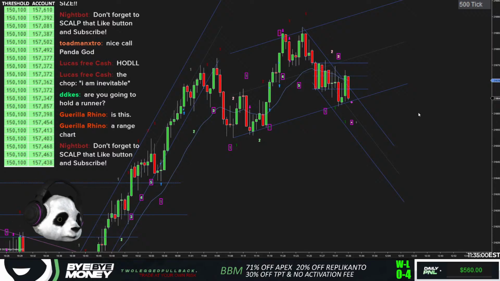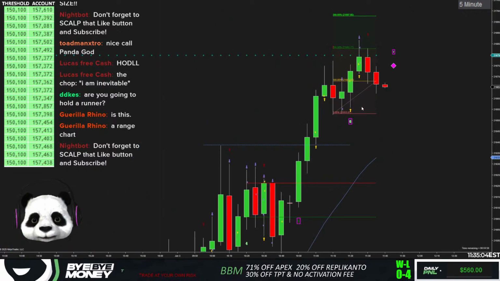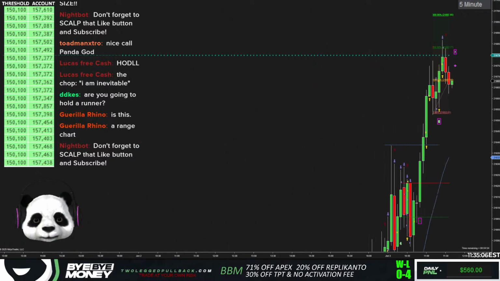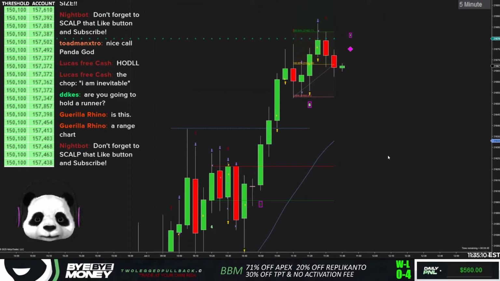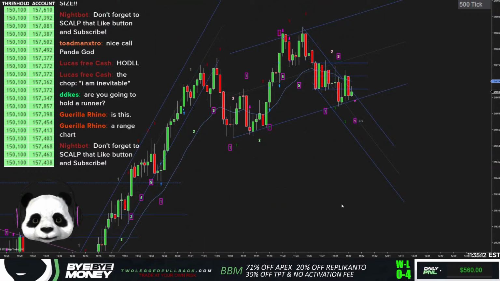Five-minute trap. Okay. Bouncing off the previous week's high on the 5-minute chart. Clear rejection. Cannot close above it. It could attempt to double top on it. I think it's time to test the 20 EMA on the 5-minute chart.